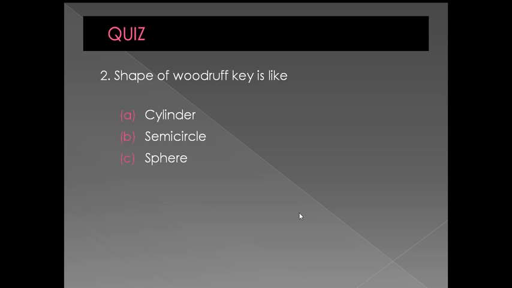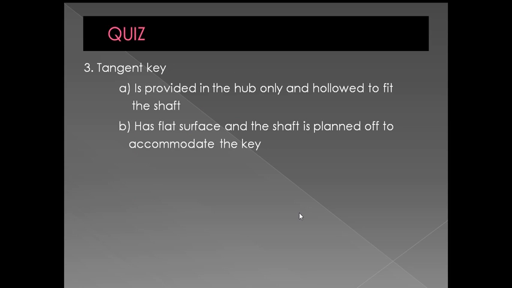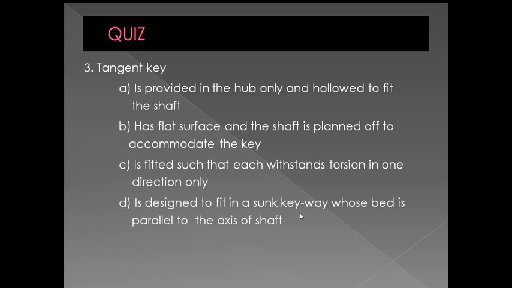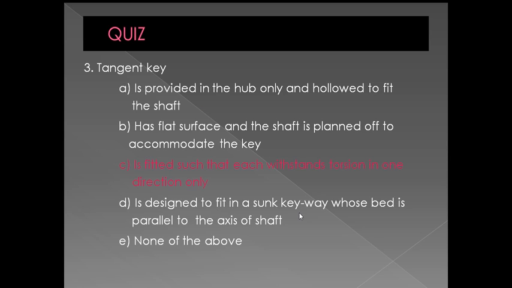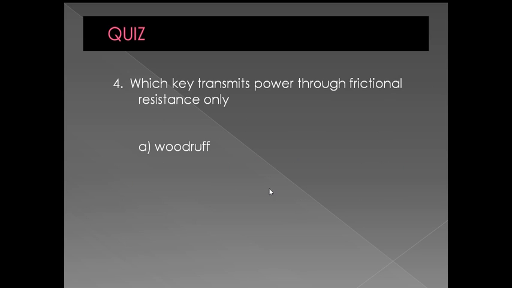The Woodruff key shape is semicircular. A tangent key is fitted such that each withstands torsion in only one direction. Power through frictional resistance is the saddle key case.